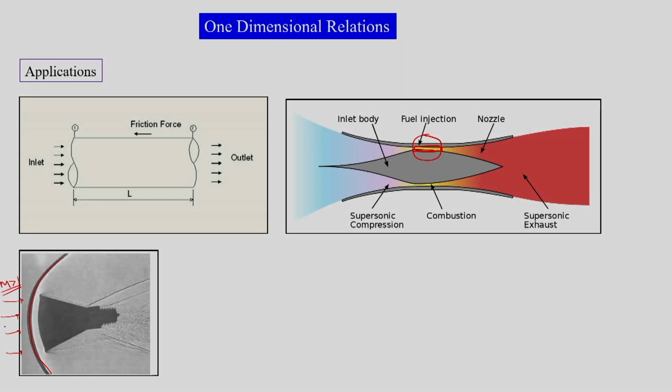Very special is the streamline called the stagnation streamline, which goes to the center of the object when the velocity is parallel to the center line. The variation for such a specific streamline across the shock will be one dimensional only. So there are various specific applications where we can make use of the one dimensional relations.